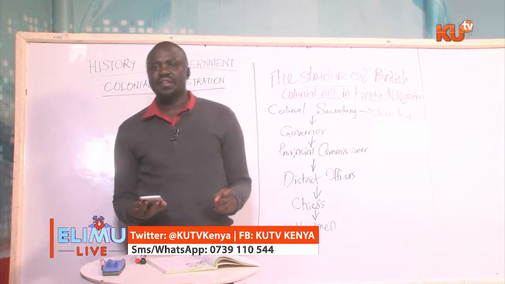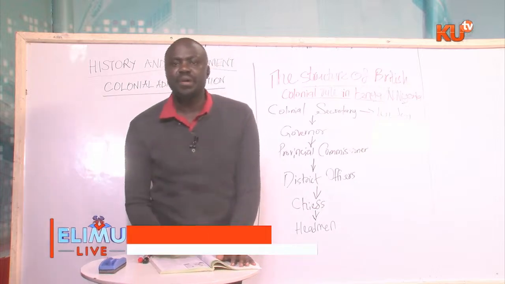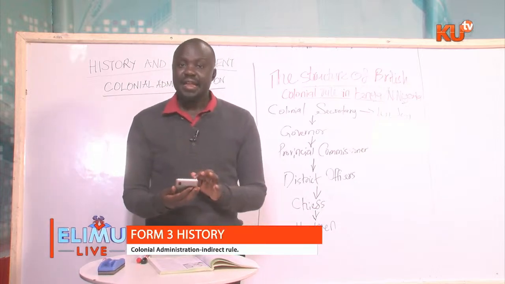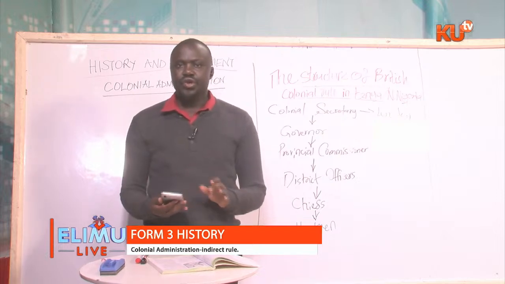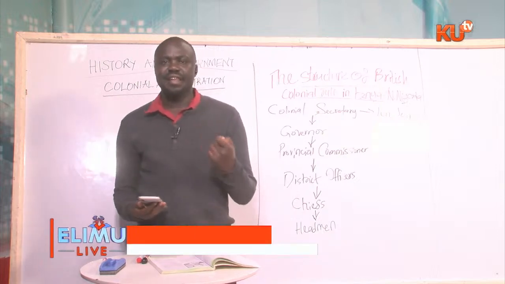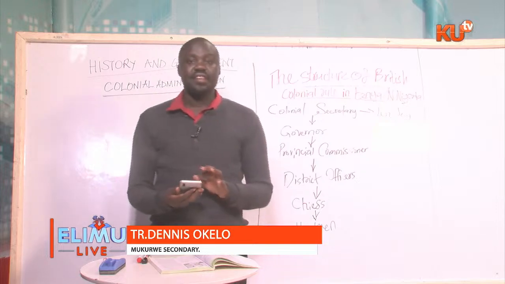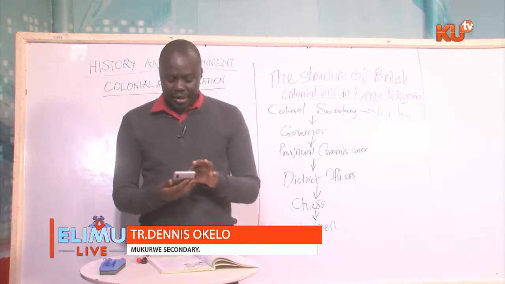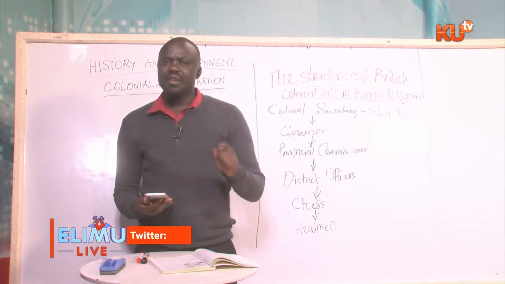Then again, communication barrier between the British and locals. Today, there is a saying that English was born in Britain, it grew up in America, it died in Nigeria, and it was buried in India. So to date, even if you hear the Nigerians and the accent or slang of English, it is very, very different from the British accent. So it means that there was a language barrier.